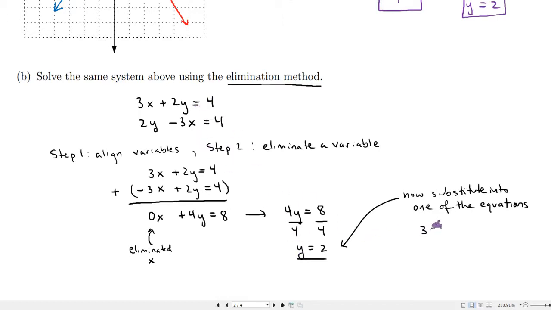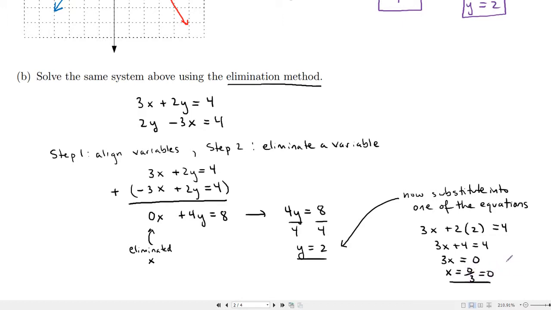So we have 3x plus 2 times 2, that's our y that we're substituting, equals 4. And then that would say 3x plus 4 is equal to 4. So subtracting, we have 3x is equal to 4 minus 4, which is 0. So x is, dividing both sides by 3, we have 0 over 3, which is 0.